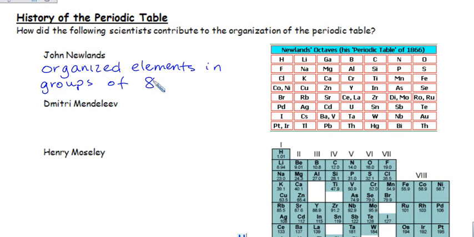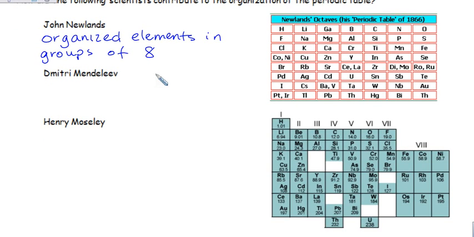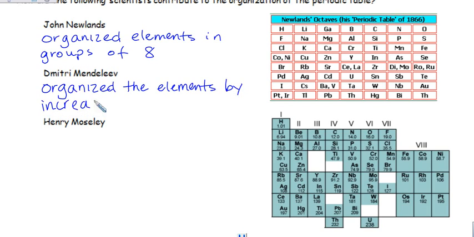So now we get more sophisticated periodic tables. Dmitri Mendeleev is sometimes called the father of the modern periodic table. This is good. Mendeleev focused on organizing the elements by increasing atomic mass.